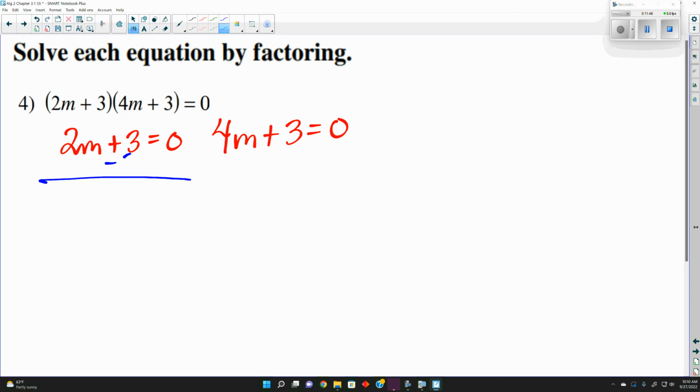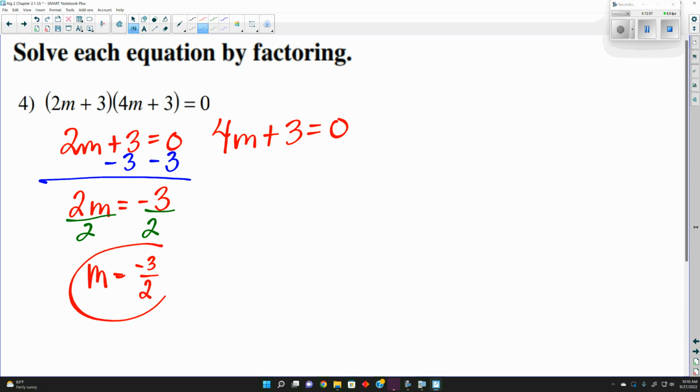Now, the first thing we can do here is subtract 3 from both sides, which tells us that 2m is equal to negative 3. Then we would divide by 2, telling us m is negative 3/2 or negative 1.5. Then we'll do the exact same thing for the other one.